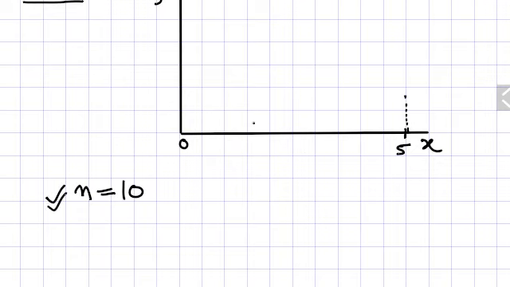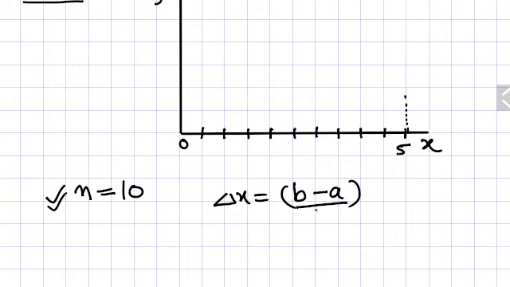If you do this, your ticks will come like this. What is the value of this? To find that value, we apply this formula: delta x is the interval, b minus a over n, where b is the upper limit and a is the lower limit.